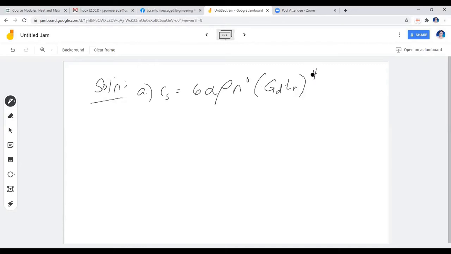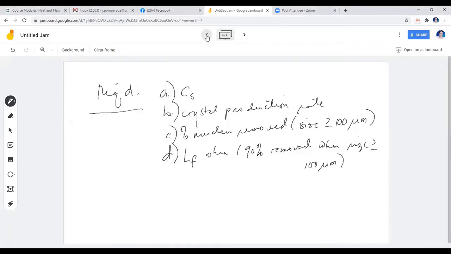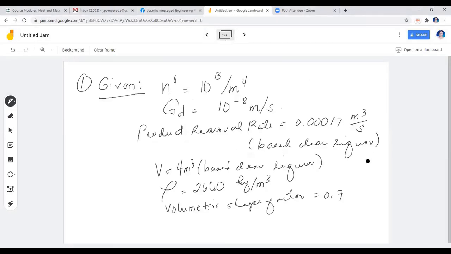So if this is our formula, we will check what we have and what we still do not have. So let's see. This alpha is, as defined, the volumetric shape factor, the one I have written as a volumetric shape factor here. So I will write this one as alpha, the volumetric shape factor.